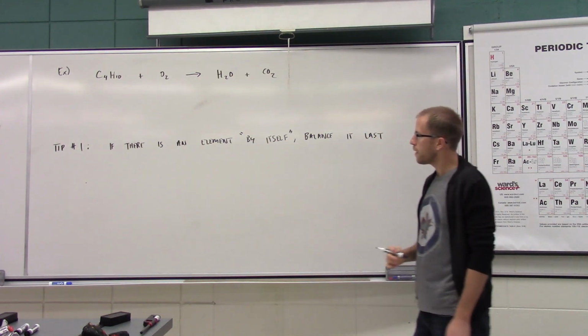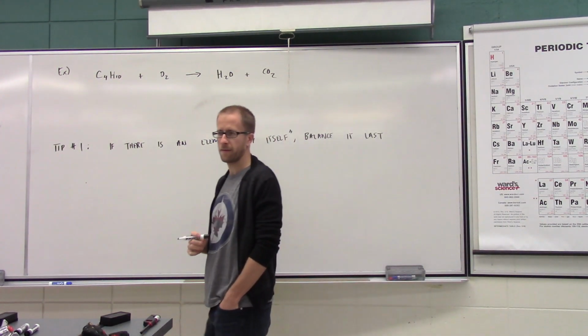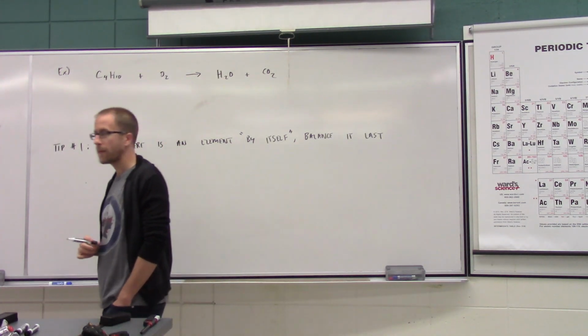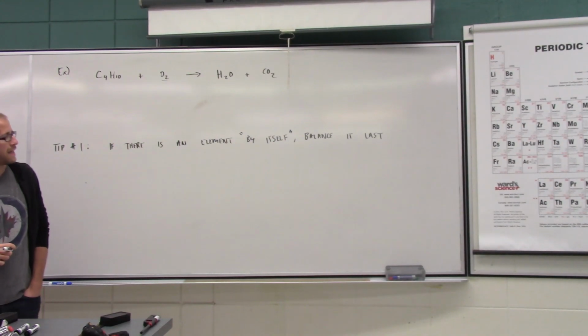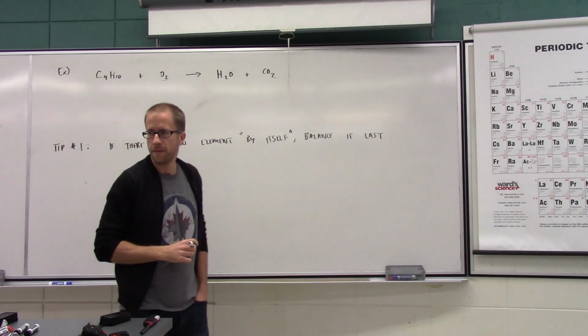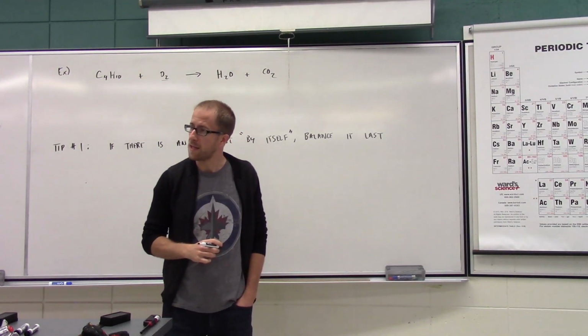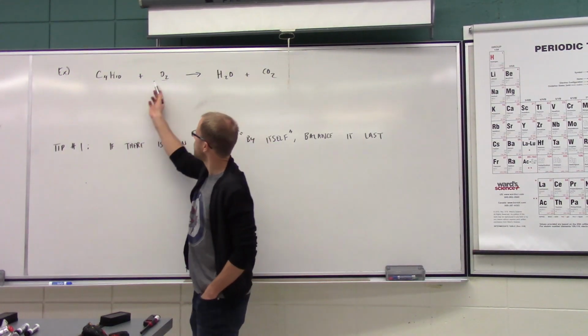Now, is there any element up here that's by itself? Yeah, oxygen is, right? Why would you want to balance that last? Yeah, because you can do as many as you want.